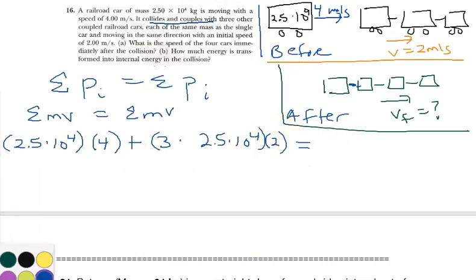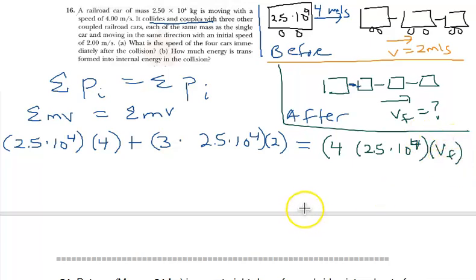So that's our before system, right? Just like we added up different kinds of energy, we're adding up all of the momentum. And then after, they stick together, so you have a total of 4 times 2.5 times 10 to the 4th kilograms, going some speed we don't know.